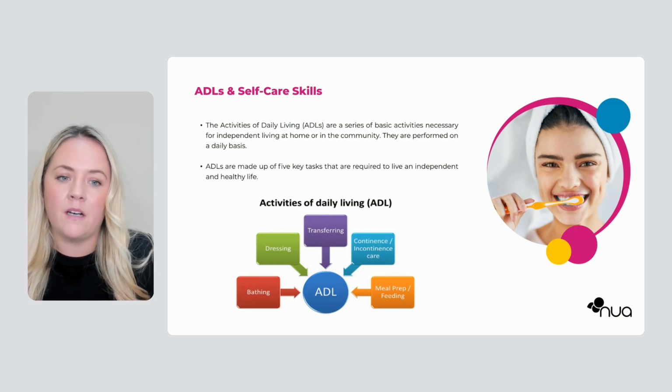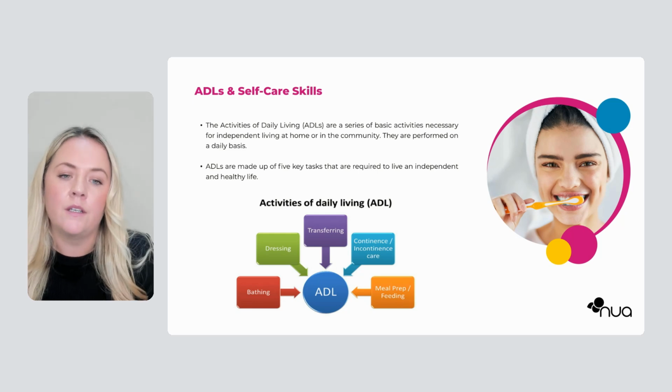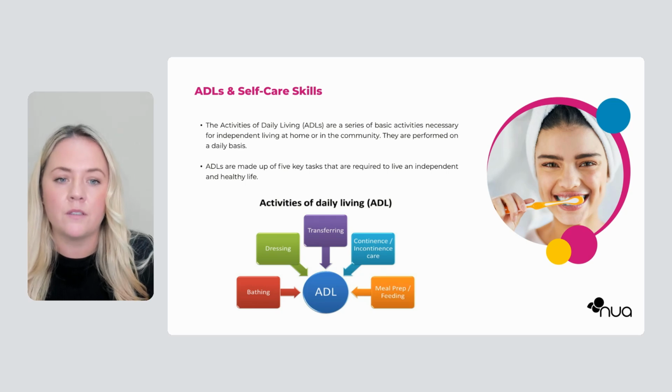The fourth area is continence or incontinence care. So, that obviously relates to the ability to toilet. So, the ability to pass bowel movements independently, the ability to urinate independently in the toilet, and any other ongoing care that might be needed, the ability to manage that yourself. So, being able to manage incontinence wear yourself, and so on and so forth. And then we look at meal prep and feeding as well.